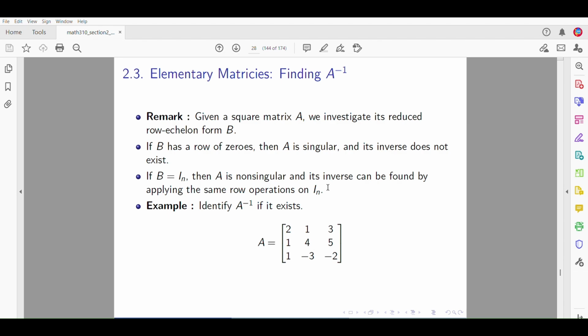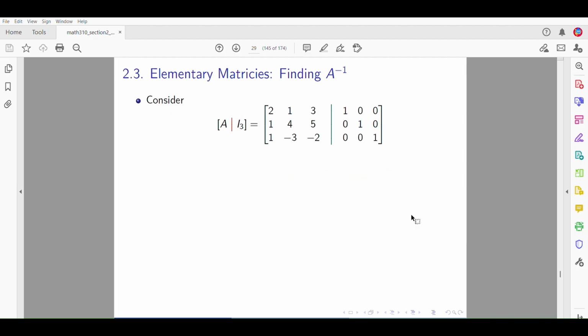Here is an example. Let's look at this 3 by 3 matrix. Identify A inverse if it exists. What do we do? Same story. To find A inverse, write A and identity. Do row operations on the left for the reduced row echelon form. Okay, I have a 2 here.